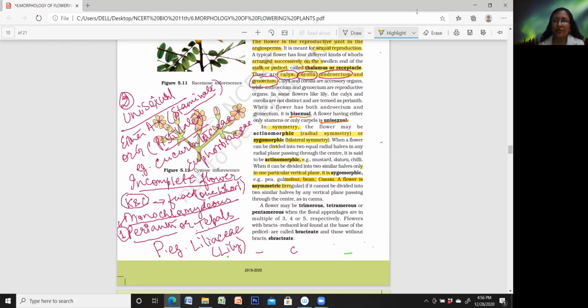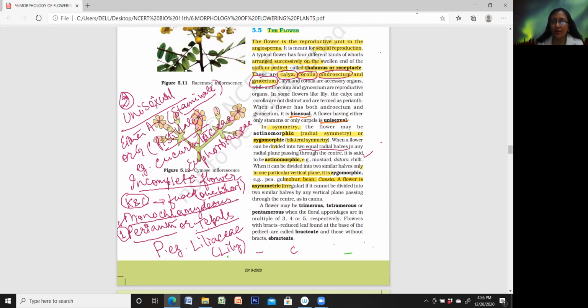Look at actinomorphic first. When a flower can be divided into equal halves, basically the flower can be divided into equal radial halves in any radial plane. You can cut it in any plane, like this.